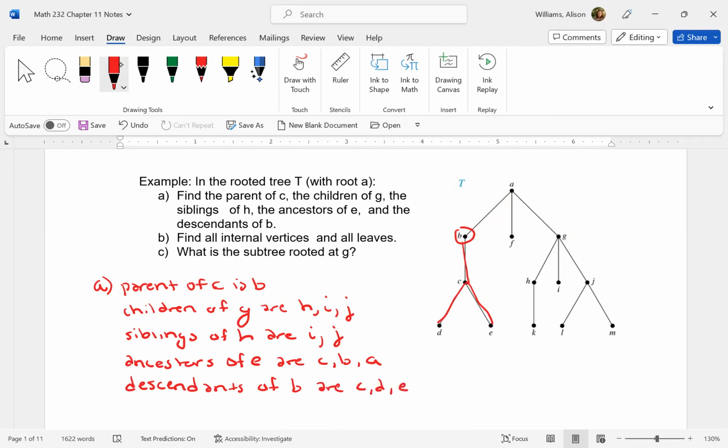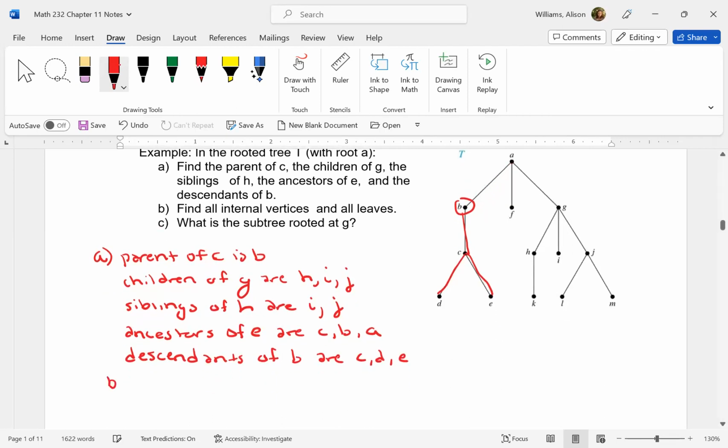Okay. Let's find the internal vertices and leaves. So internal vertices means they have children. Leaves do not have children. So internal vertices, that would be, okay. So A would count, it has children. B would count, it has children. C would count as well, it has children.